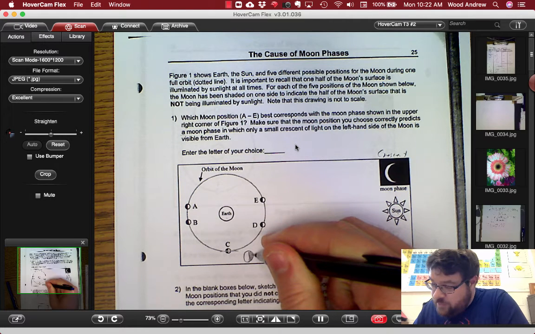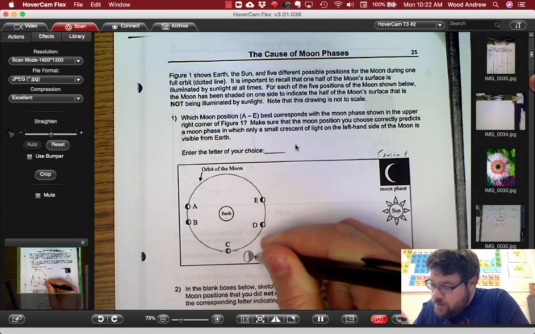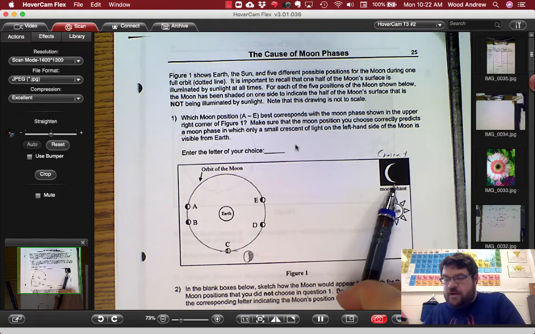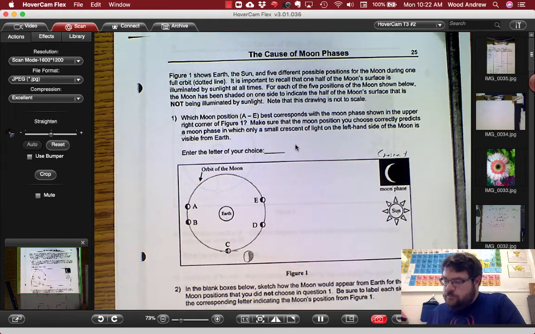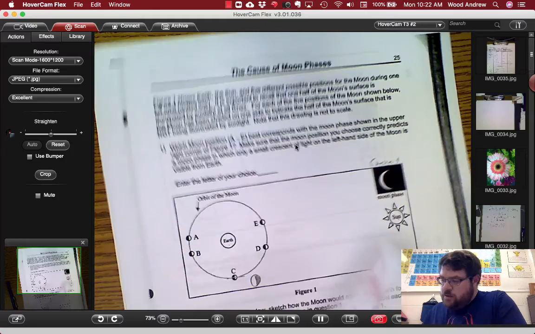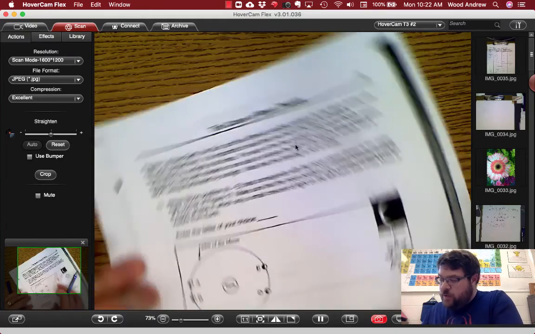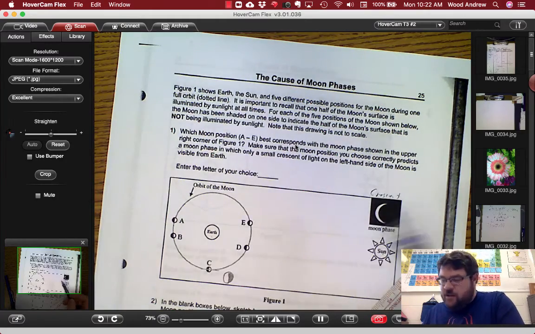The shading part, of course, is darkened. Does that match the question they're asking? No, it does not. So which one does? So we have a crescent moon, left side illuminated.